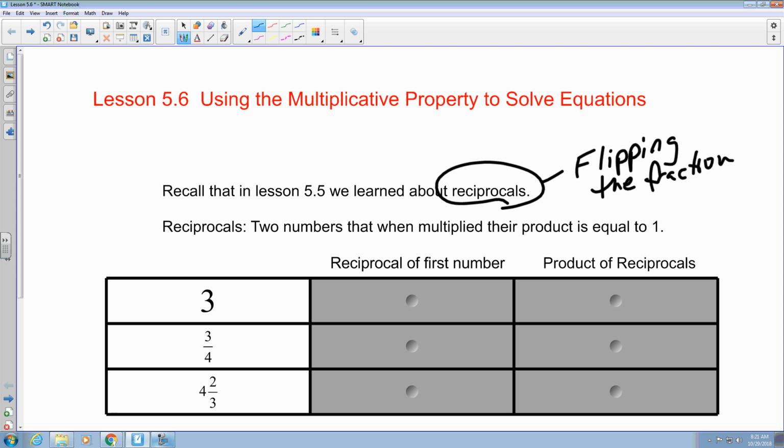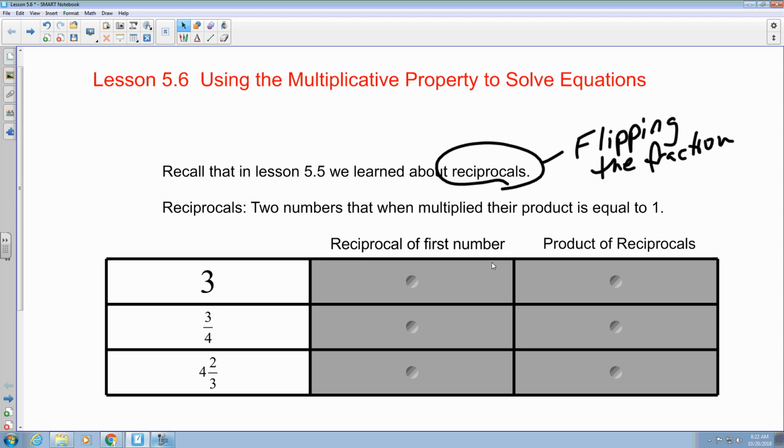What that meant was whatever value was in the numerator, we were going to place in the denominator, and whatever value was in the denominator was going to be placed in the numerator. So that's what we're going to look at first today.